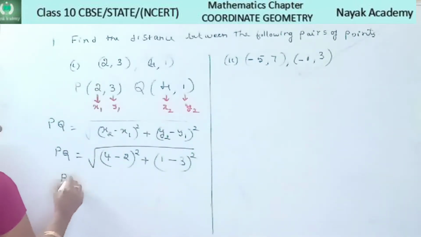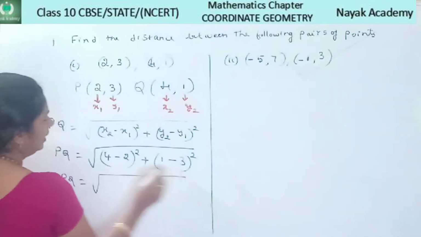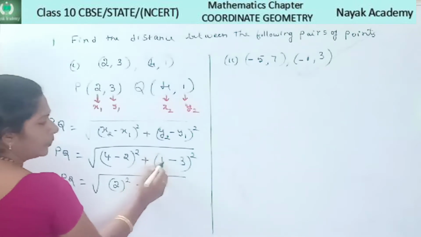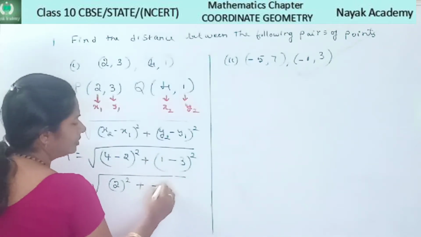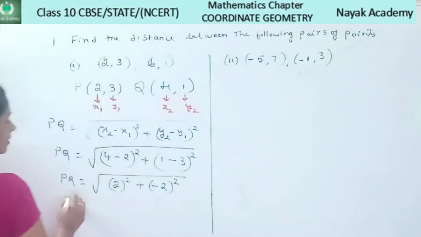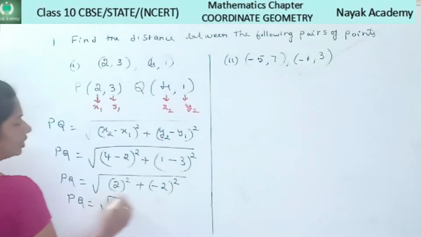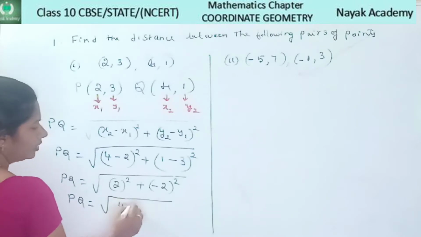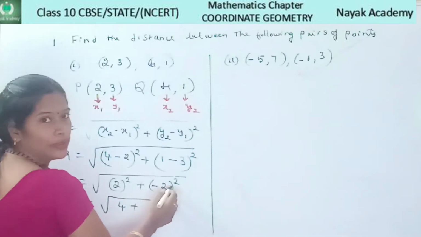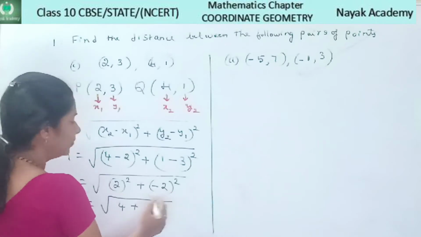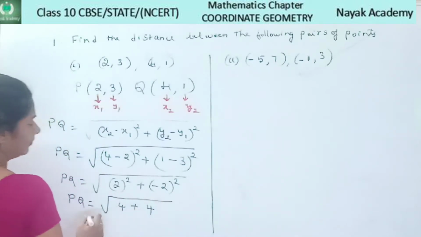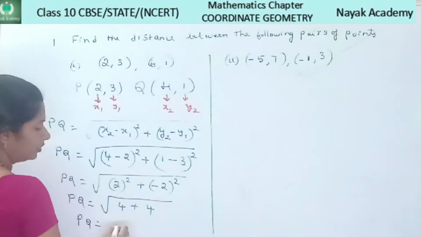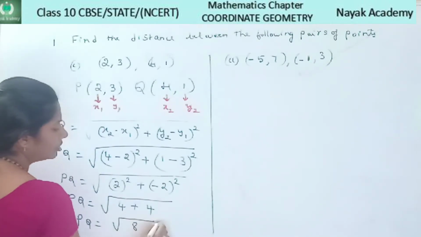So PQ equals, let us simplify, (4 minus 2) is 2 square plus (1 minus 3) is minus 2 square. So PQ equals root of 2 square, which is 4, plus minus 2 square; minus 2 into minus 2 you will get plus 4. So PQ equals root of 4 plus 4, it is root of 8 units.